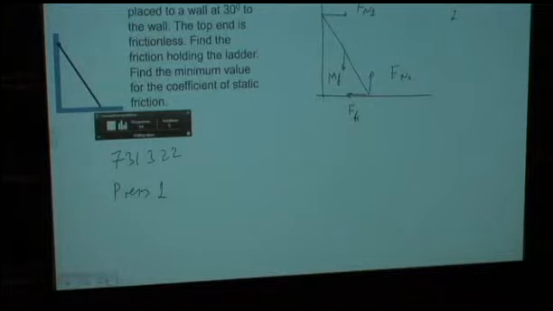Step number 2, we have to choose the axis of rotation, that mathematical abstract point. Relative to that point, we have to write torque balance equation eventually. So now let's choose it here at the bottom.